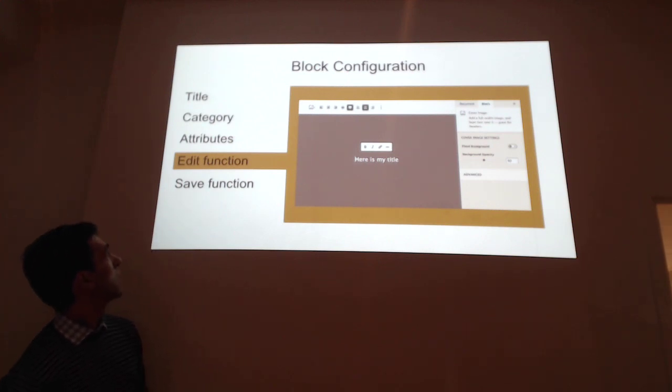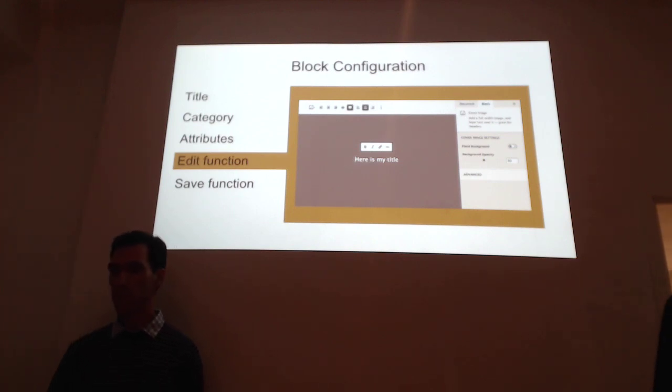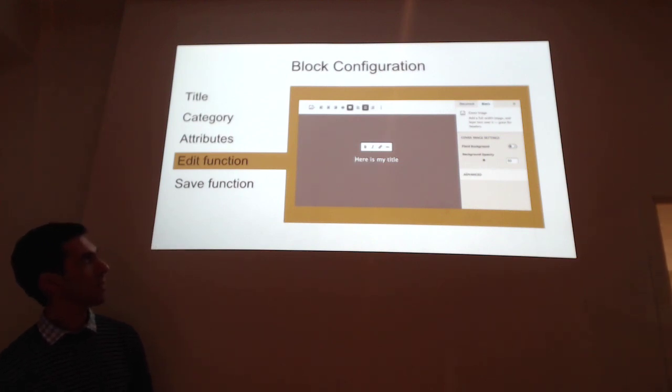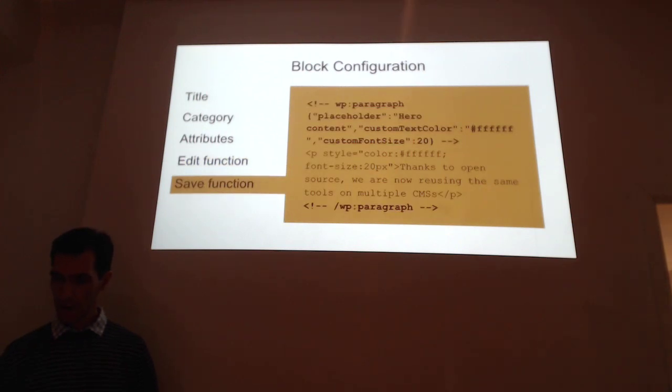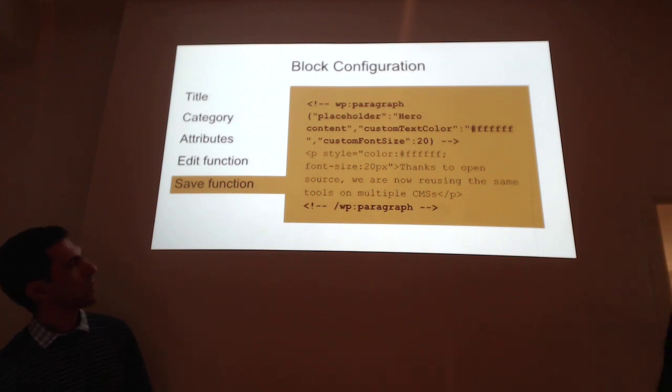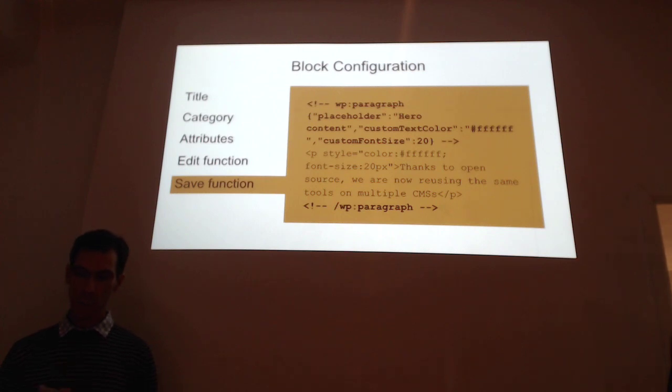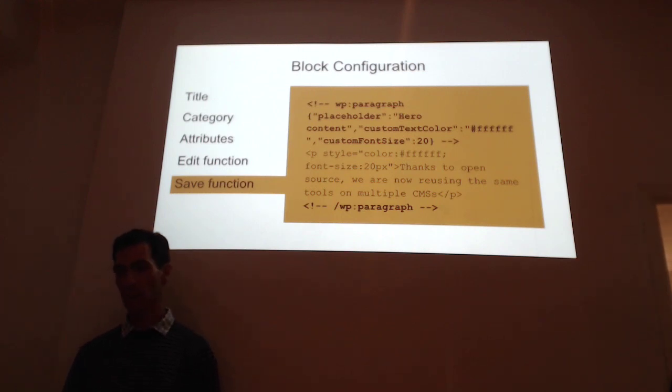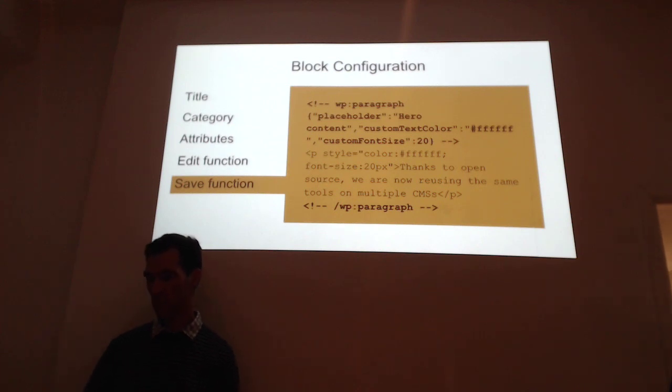Then we have the edit function that basically will return how the block will look inside the editor. And finally, the save function that will return how the block will be saved, not necessarily how it will be rendered, because that's usually the CMS or system's responsibility.